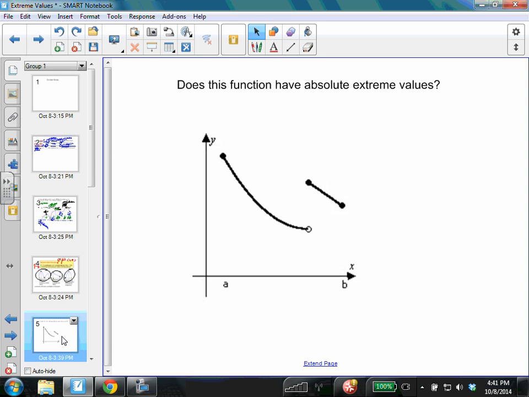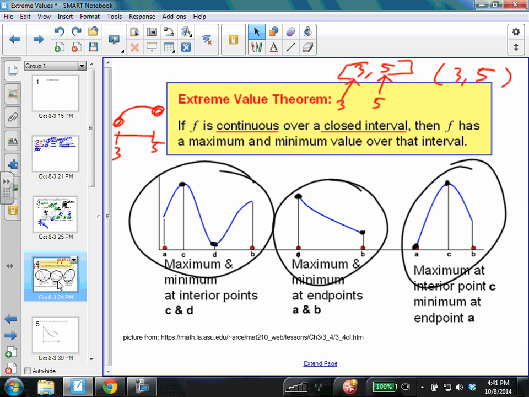Now, I have this almost like a counter example up here, right? Does this function have absolute extreme values? Well, it's kind of a complicated answer, okay? So one of the things that I want you to note about the extreme value theorem is that it is a guarantee. If you have a closed interval and a continuous function, you have to have extreme values.